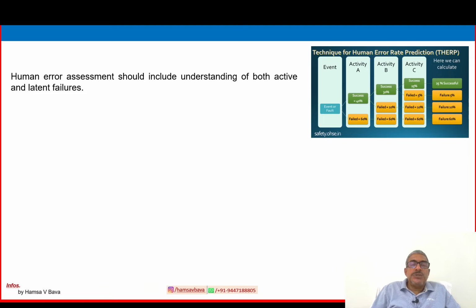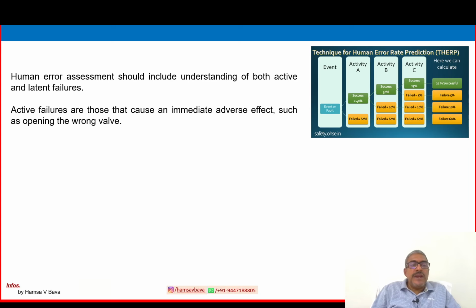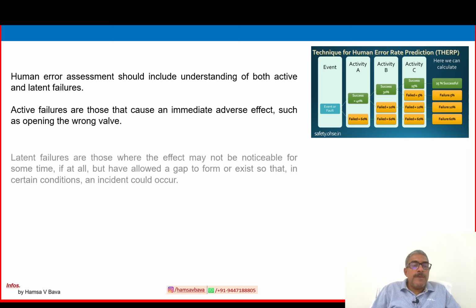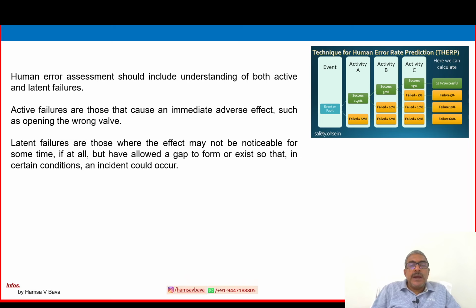Human error assessment should include understanding both active and latent failures. Active failures are those that cause an immediate adverse effect, such as opening a wrong valve, like the identification of the valve is wrong, or the valve number is changed, or it is wrongly operated. So that is active and the effect is immediate.